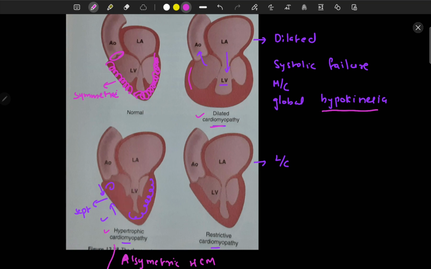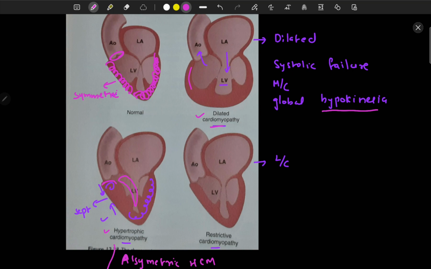When you take an echocardiography of hypertrophic cardiomyopathy, you can see there is hypertrophy, and this hypertrophy is asymmetrical. That is, on the septal region there is more hypertrophy. And looking through the echocardiography, you can see that the cavity is banana shaped.